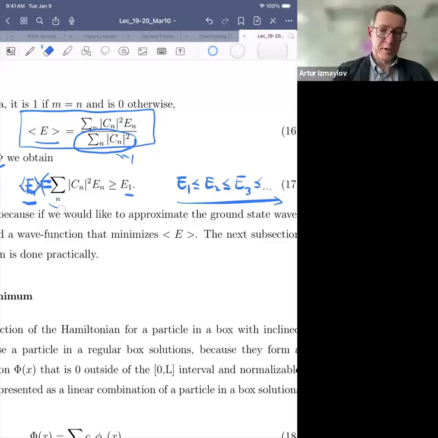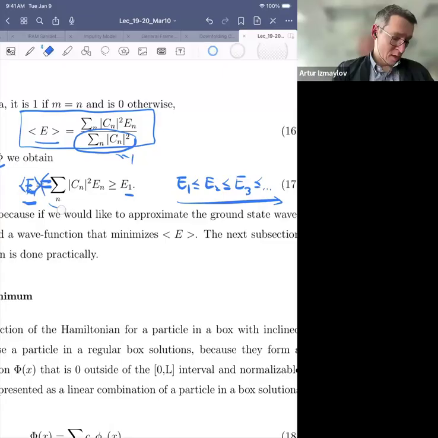And so with that, we've proven the variational theorem that says that expectation value of energy is always higher or equal than E1, right? Which is the ground state energy. Ground state being the smallest, so all other states are higher in energy.